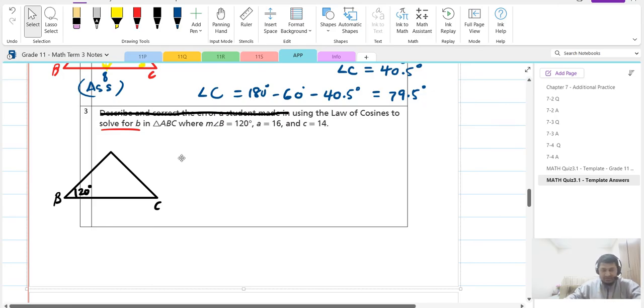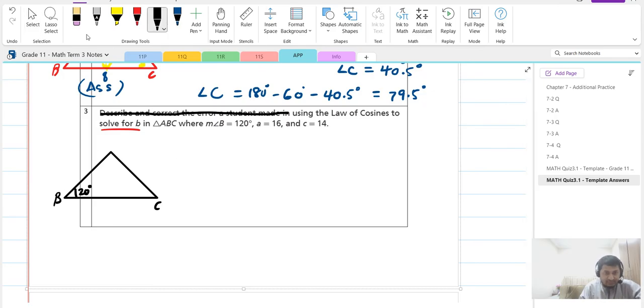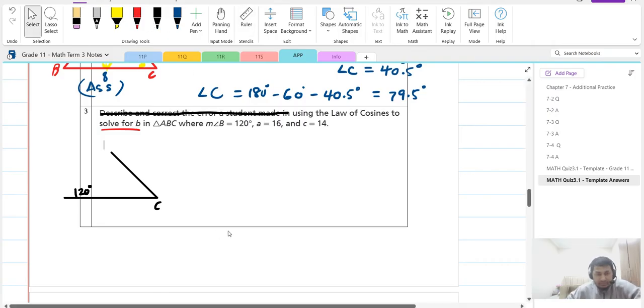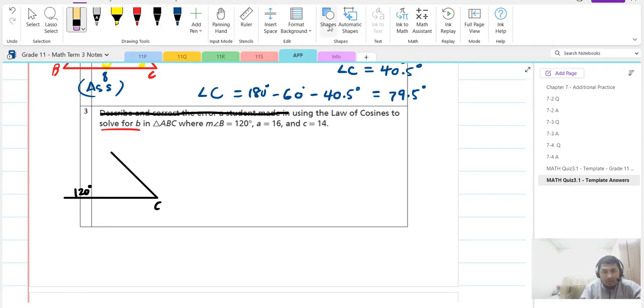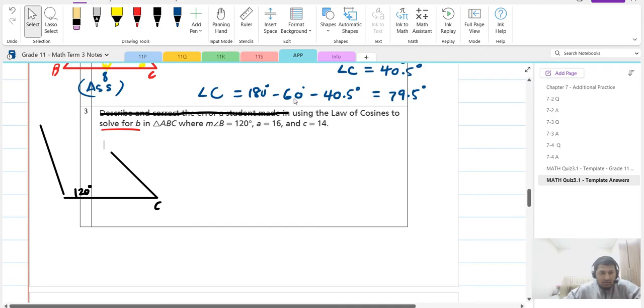Alright, let's extend these lines. Yeah, this looks more realistic, like 120 degrees, because 90 degrees is kind of perpendicular.